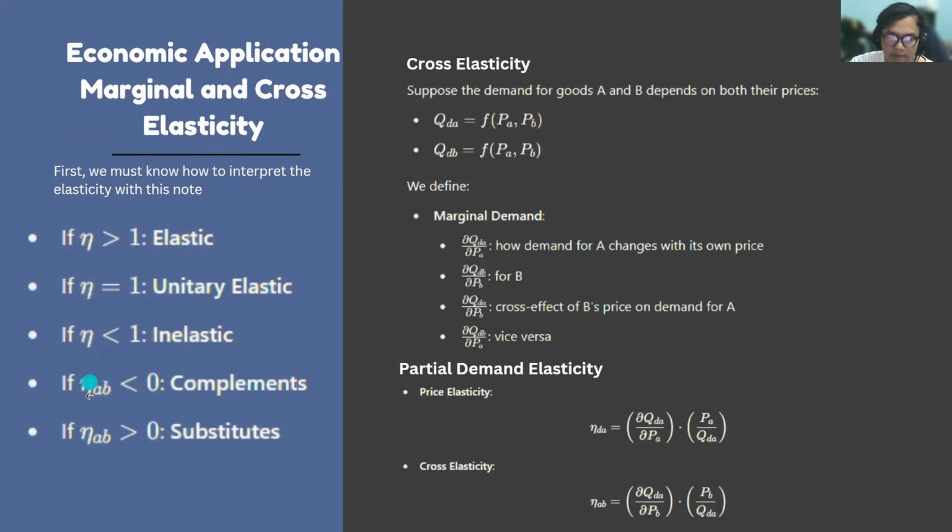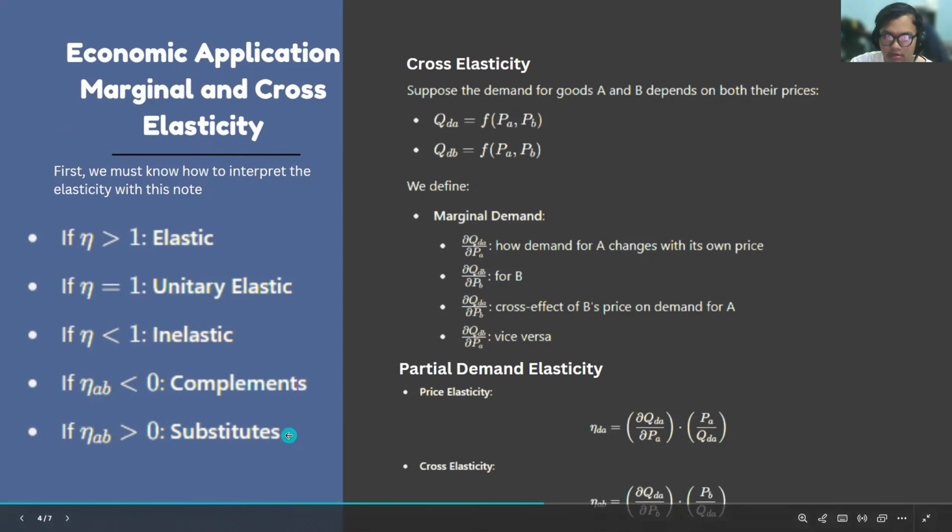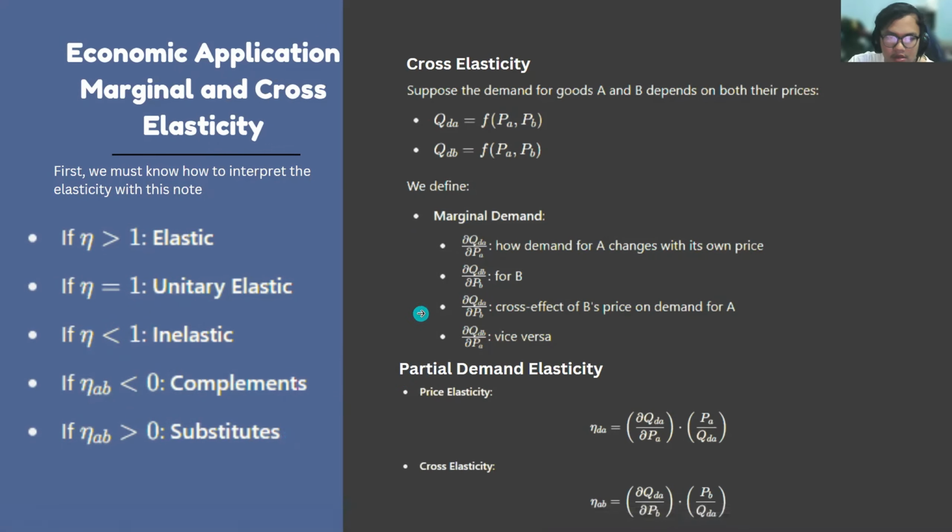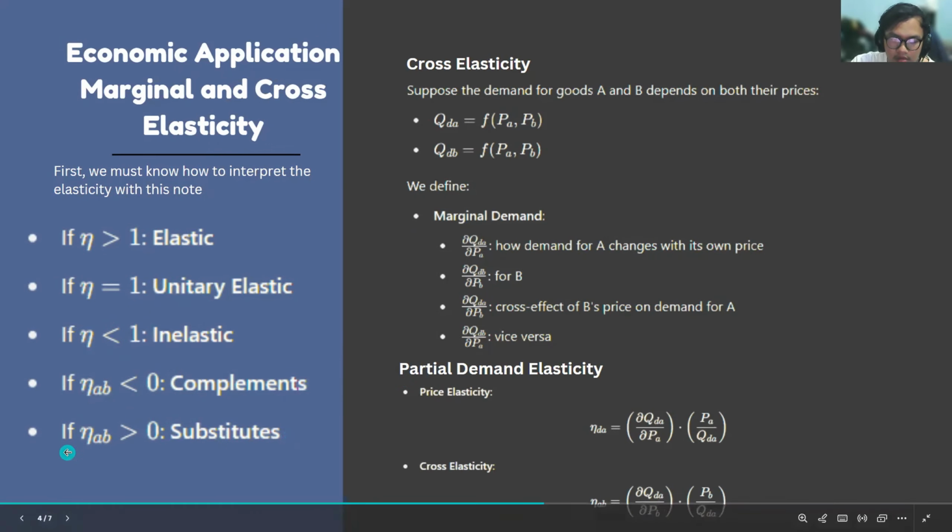Now, if elasticity AB is less than 0, it means complements. Usually when it comes to complements, the number is the same, while for substitutes, sometimes the number is different. For substitutes, elasticity AB is greater than 0.